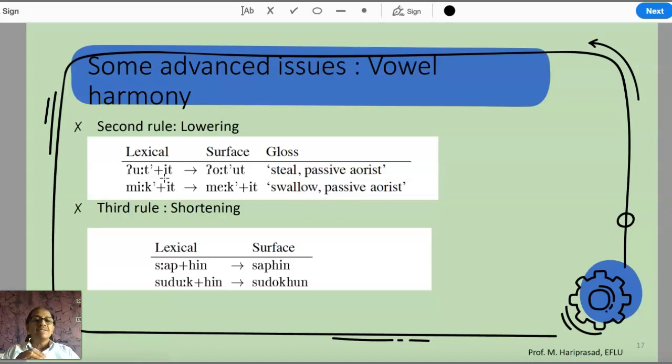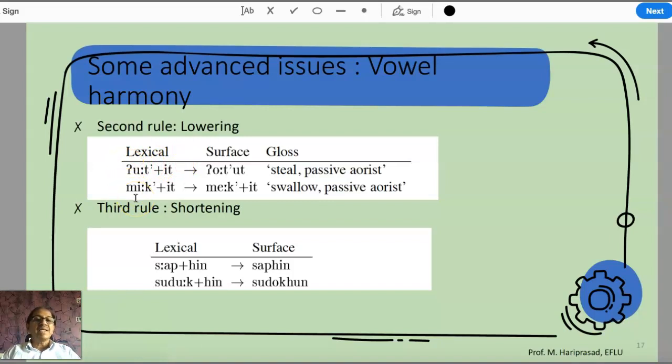E, A, U, O, U, O. So U is higher, O is lower. So there is lowering which happens. U becomes O. Length remains the same. So lowering is applying from suffix to the stem. This is the reverse: backing and rounding apply from stem to suffix, lowering applies from suffix to stem.